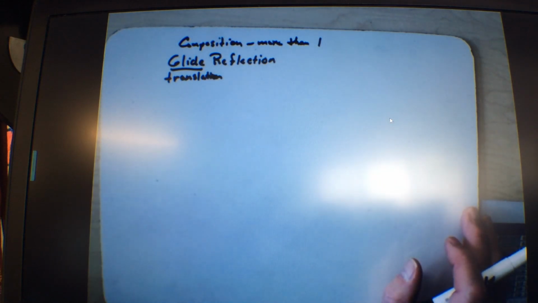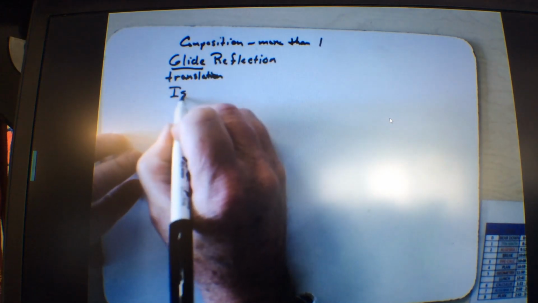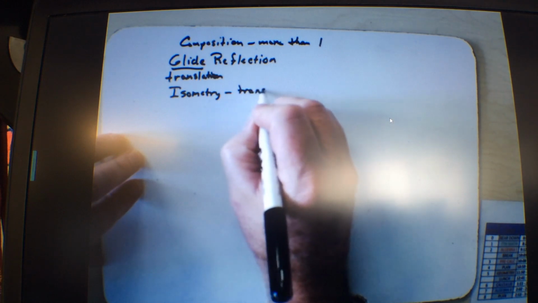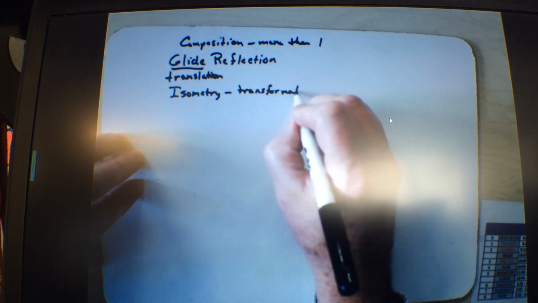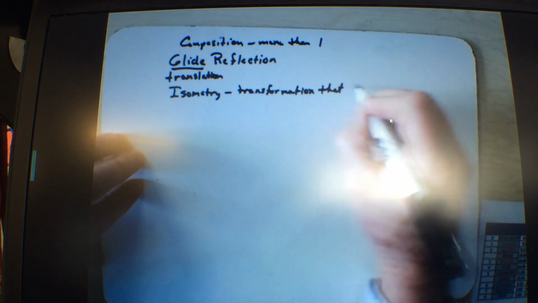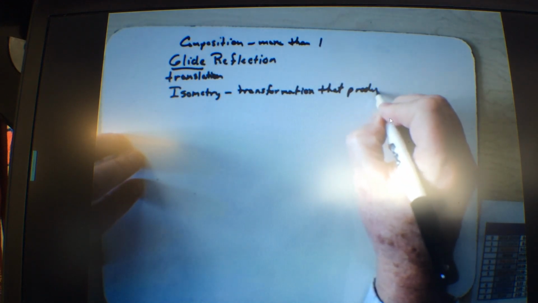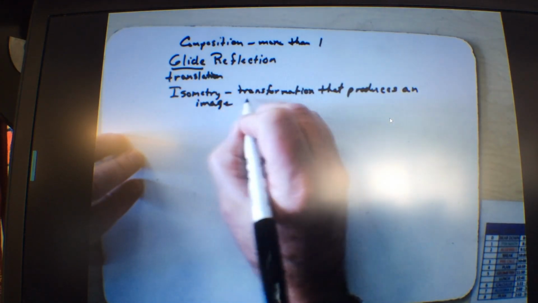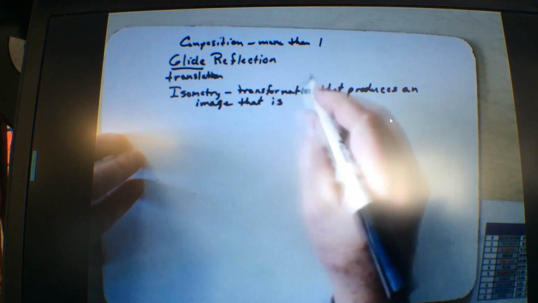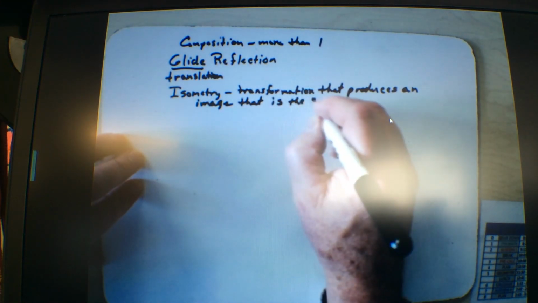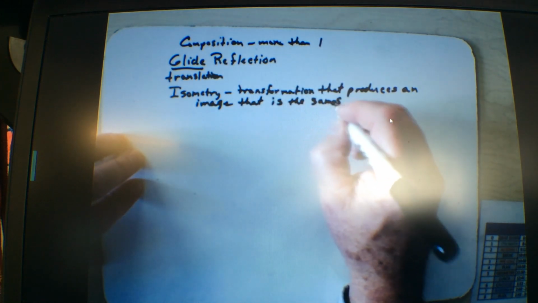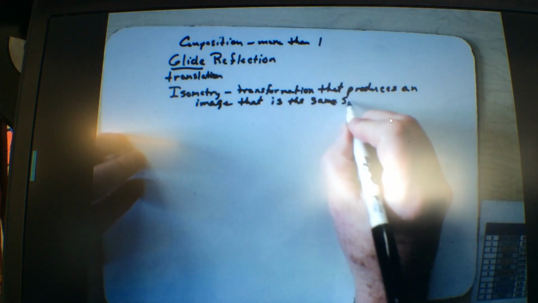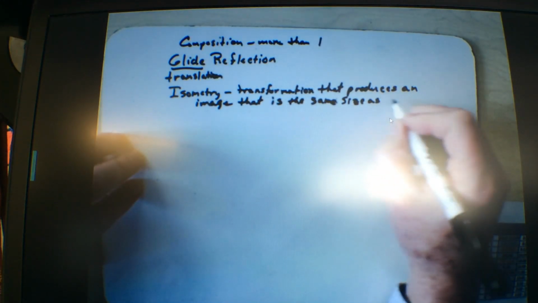Oh, by the way, an isometry, I need to write this down. An isometry is a transformation that produces an image that is the same size as the pre-image.